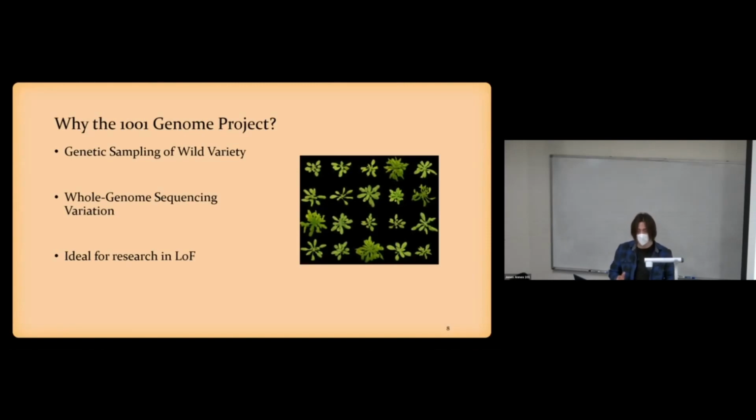So we have a really good population size to work with because we're looking at selection forces. And if we want to look at selection forces, we need to look at a population level, not individual. Additionally, in the whole genome sequence, there's a lot of variation, so that really is ideal for loss of function research.